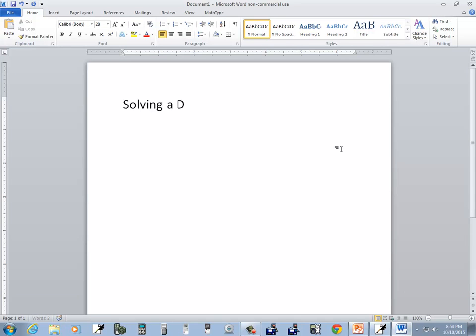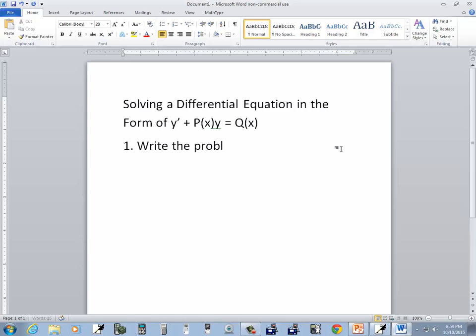So solving a differential equation in the form of y prime plus p of x y is equal to q of x. Now step one is to write the problem in the right form.